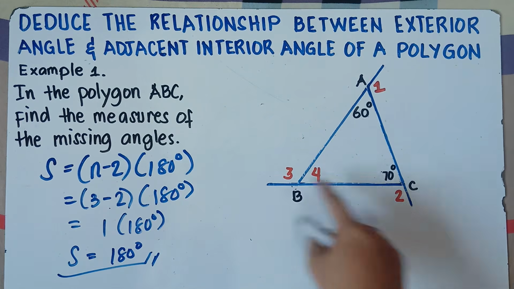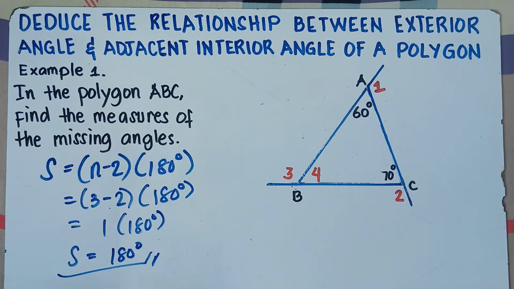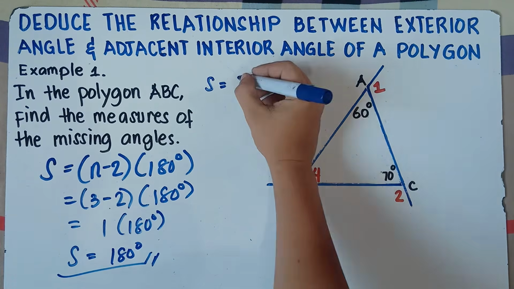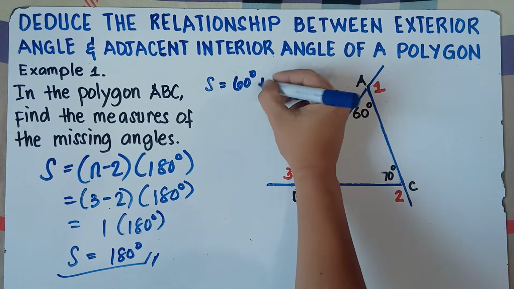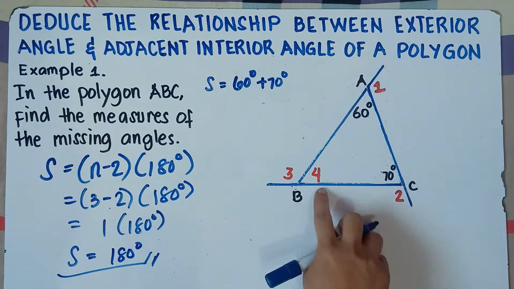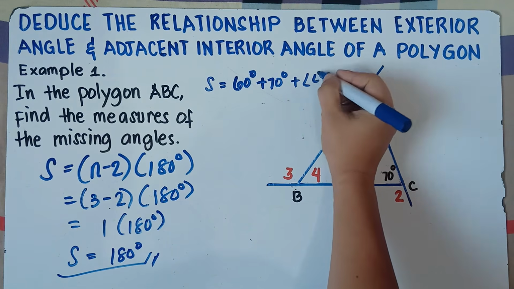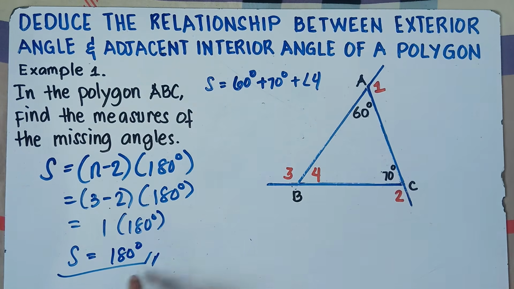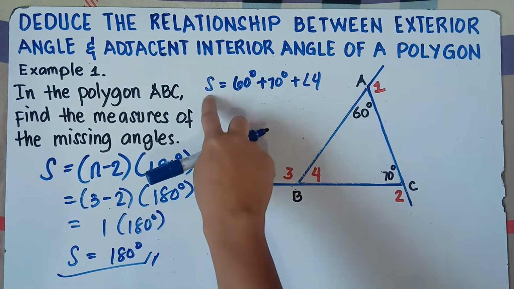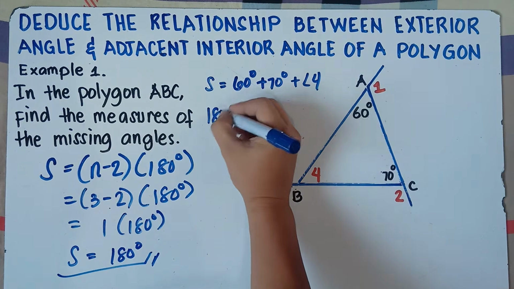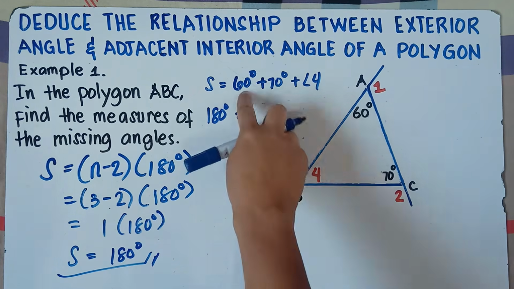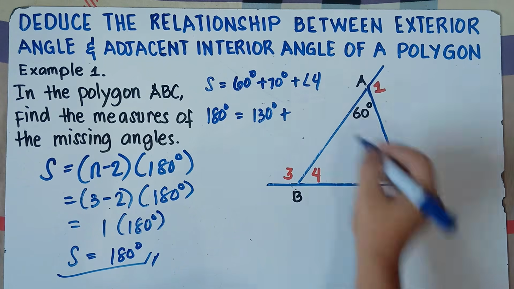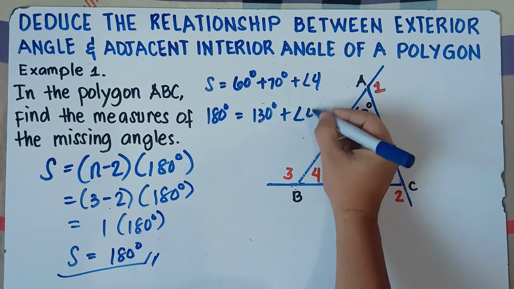Or we can use this one. The sum equals 60 degrees plus 70 degrees plus angle 4, which we're told to find. It should be equal to 180 degrees. So 60 plus 70 is 130 degrees, plus angle 4 equals 180.